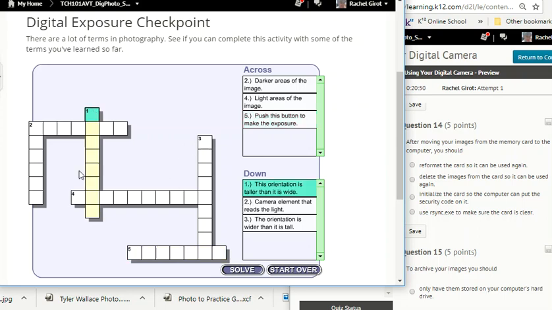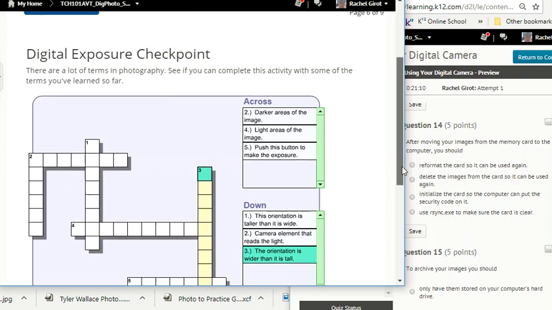Portrait. 2 down. Camera element that reads the light. Ooh, I want to say sensor. The orientation is wider than it is tall. Landscape. Did sensor work for that? Dark areas. Shadow. Yep, sure did. Perfect.